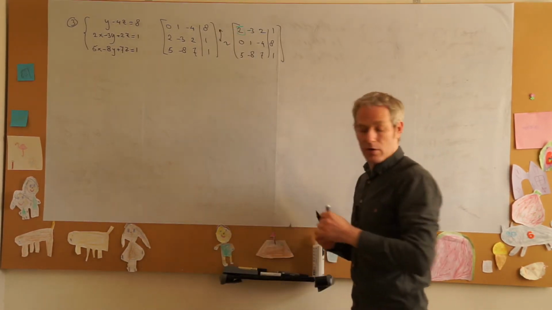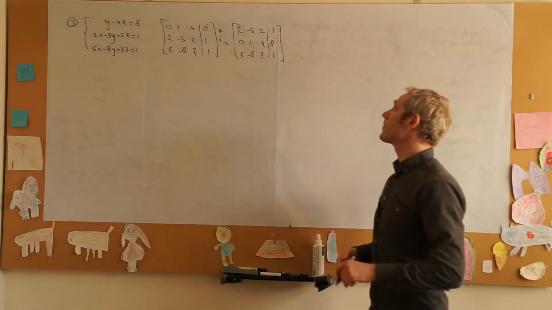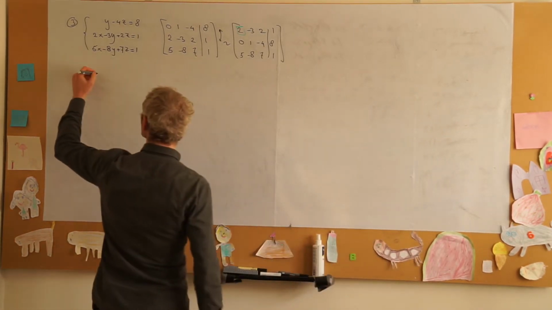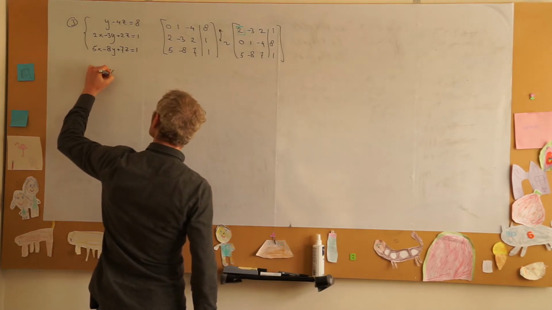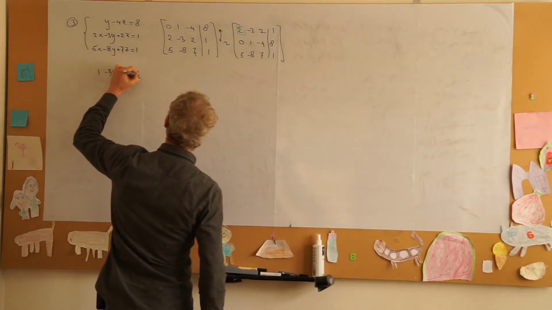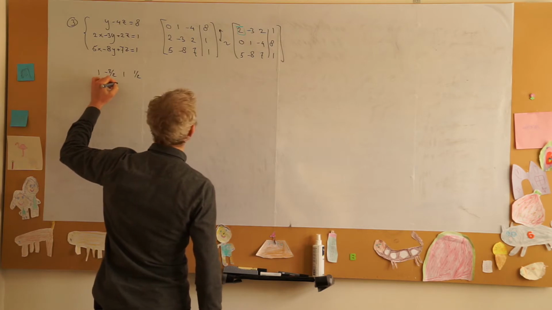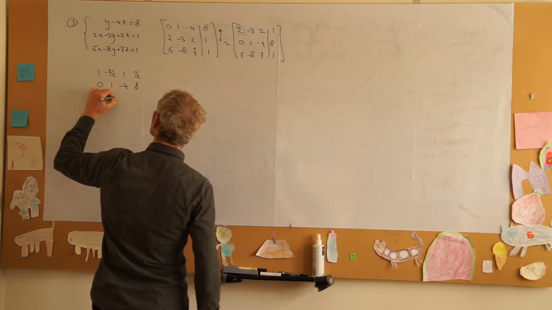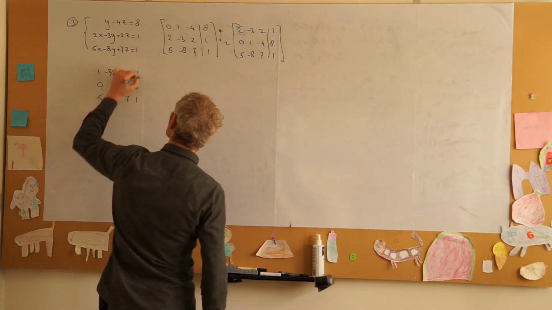So although I don't like fractions, I will divide the first row by 2. So I get 1, minus 3 over 2, 1 1/2, and the rest of the rows simply stay the same. 5, minus 8, 7, 1.